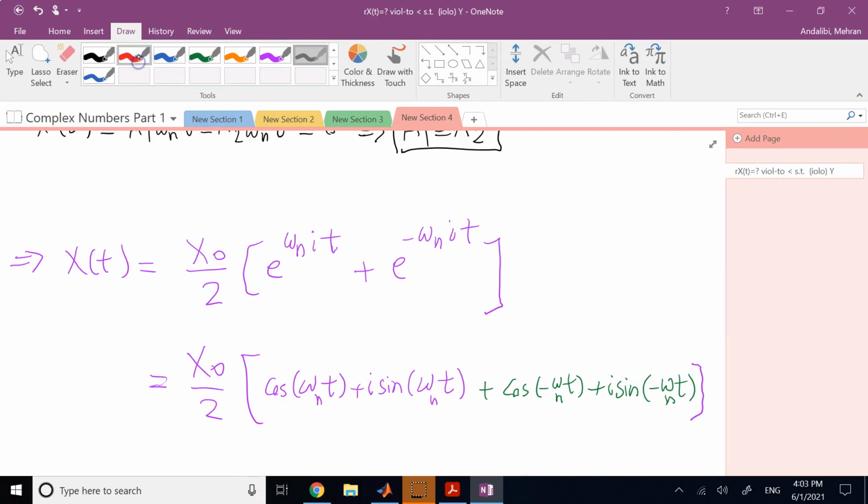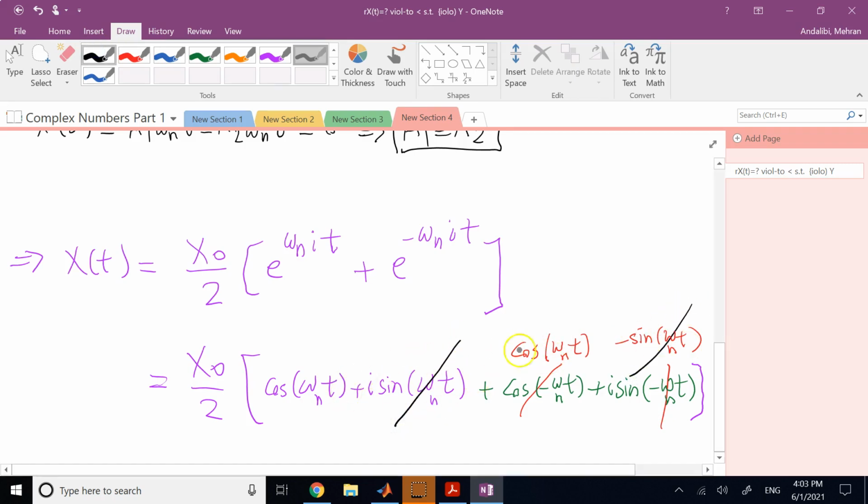And what you know from cosine and sine, cosine is an even function, so this is the same as cosine of omega nt. It doesn't matter if you negate the argument. But sine is an odd function, negative comes out. It is going to be negative sine of omega nt. And now these sine components will be eliminated, will be simplified.